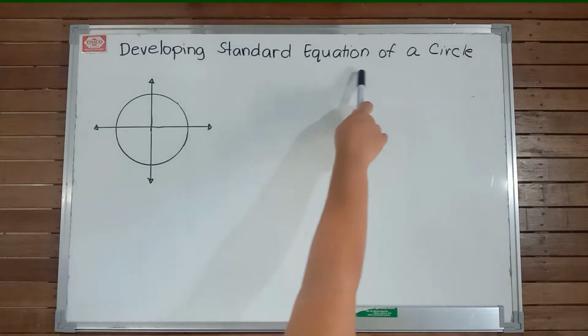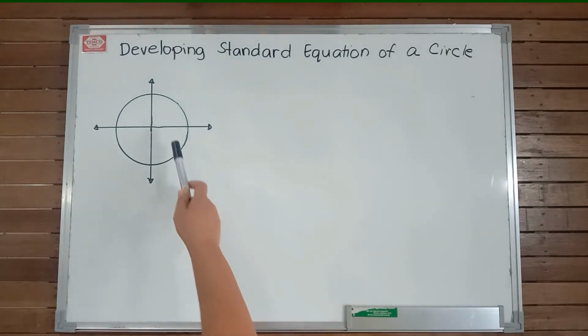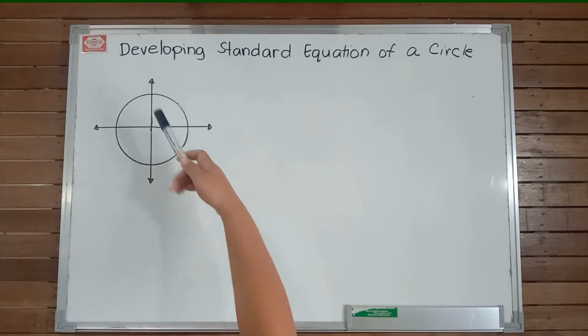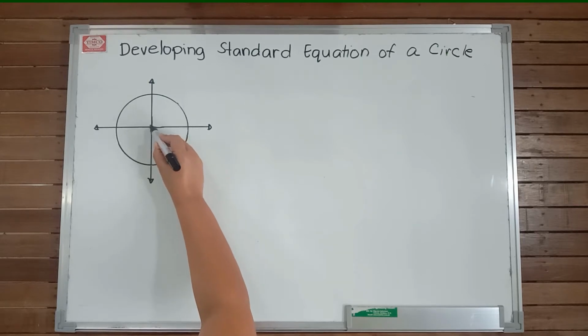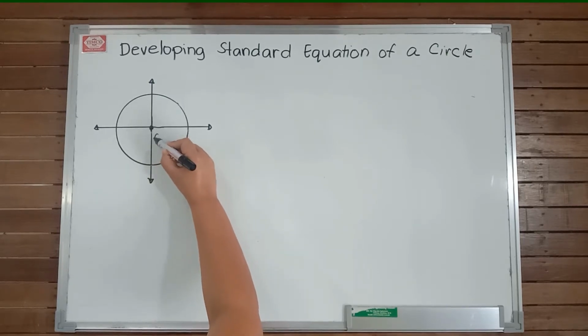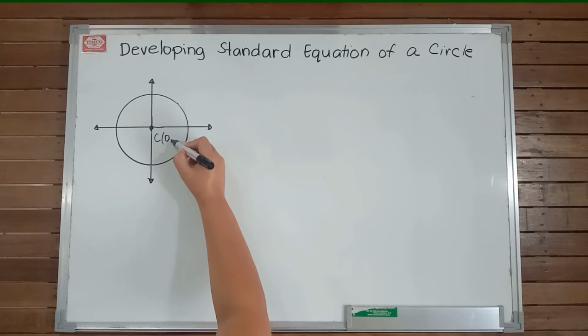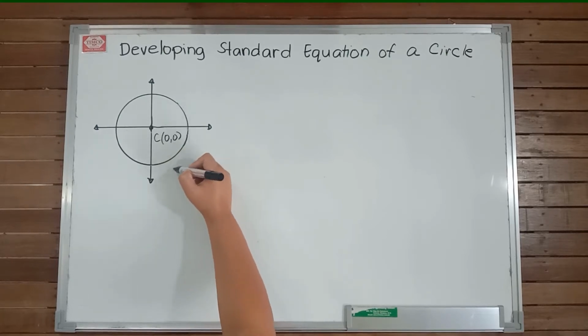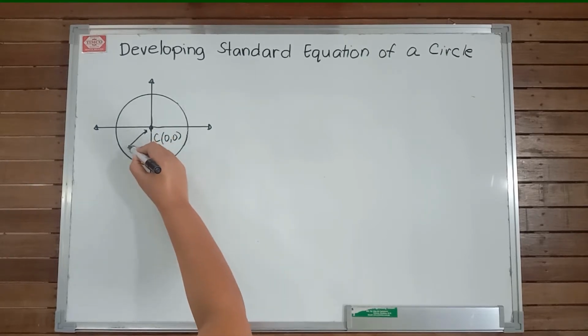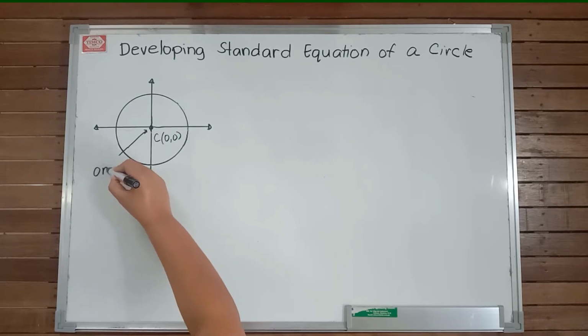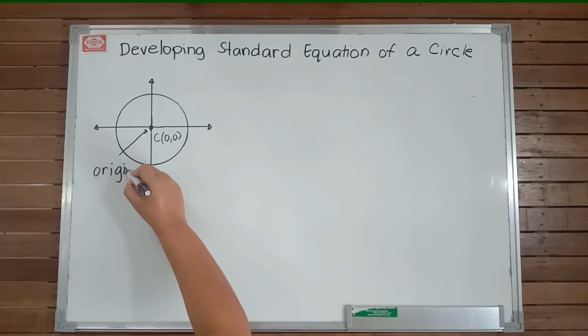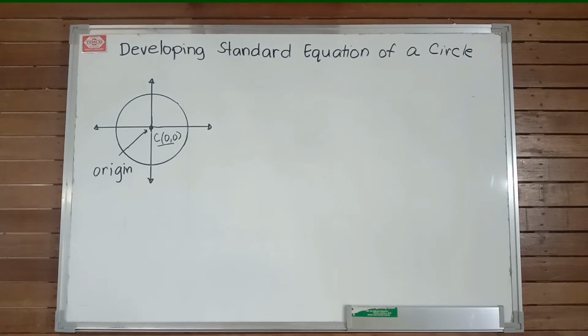Now let's move on to developing the standard equation of a circle. So we have this circle, and its center is at the origin of the Cartesian plane, and the coordinates of the center are 0, 0. So that is the origin, and it is also the center of our circle.